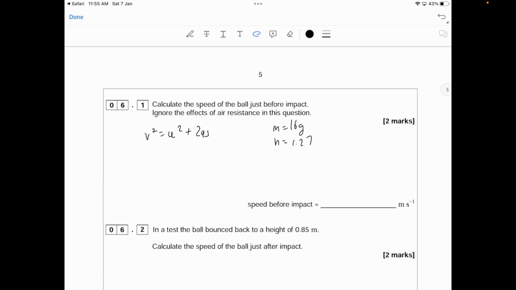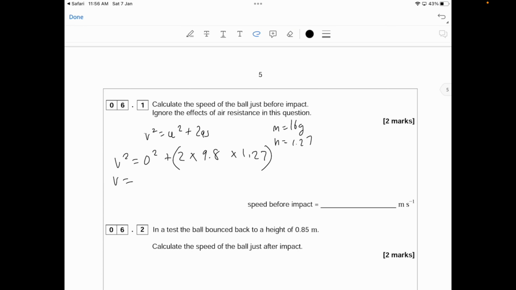We know that the initial velocity would be 0, so v squared is equivalent to 0 squared plus 2 times a, which in this case is 9.8, the acceleration, times the height, which is 1.27. We're just going to put this in brackets, so it's much easier.